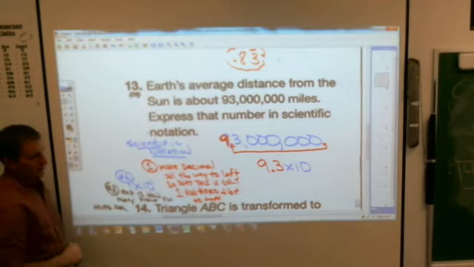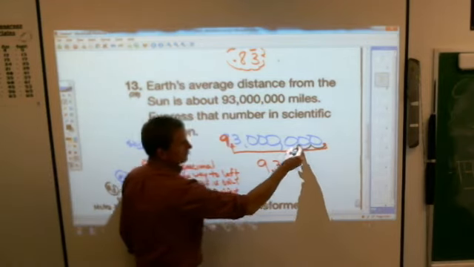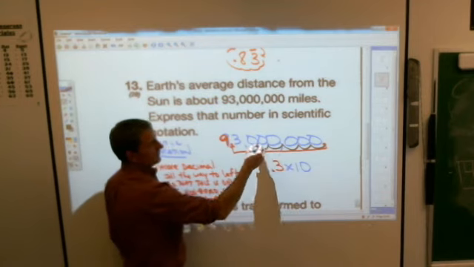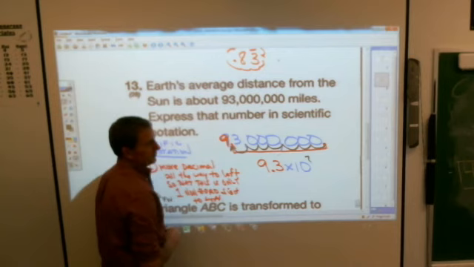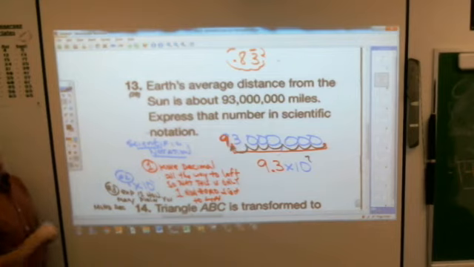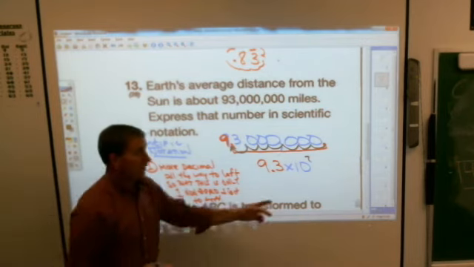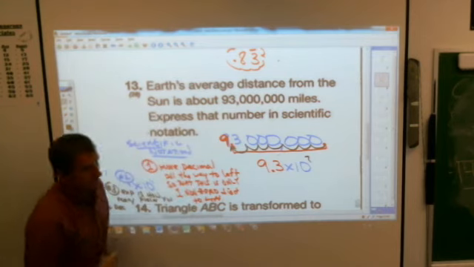Which means I have to go back here and just count. I moved it 1 place, 2 places, 3, 4, 5, 6 places. I moved the decimal 7 places. That's my exponent of 10. And then to go the other way, you do just the opposite. When you're going from scientific notation to standard form, whatever the exponent is, you move the decimal to the right that many places.